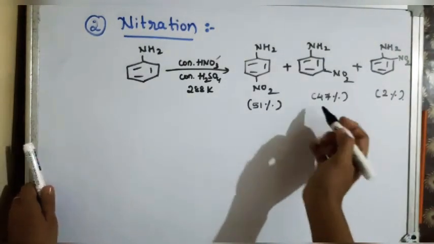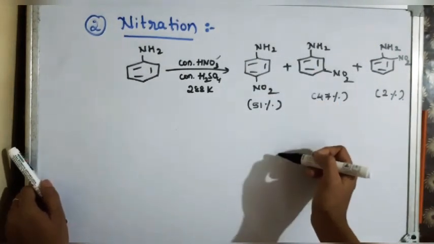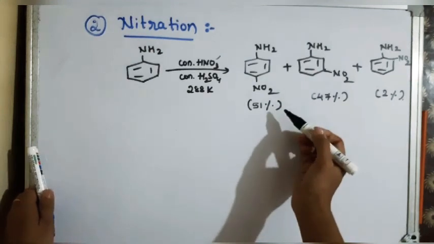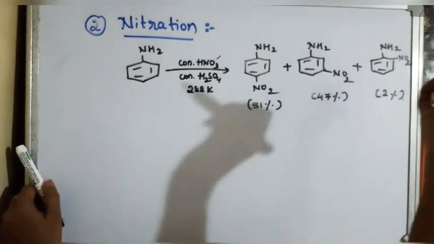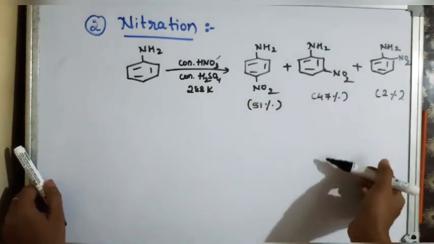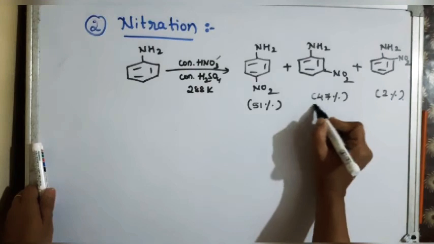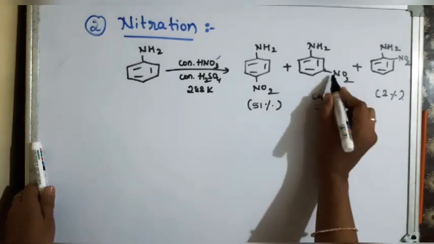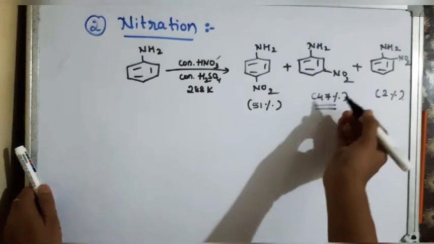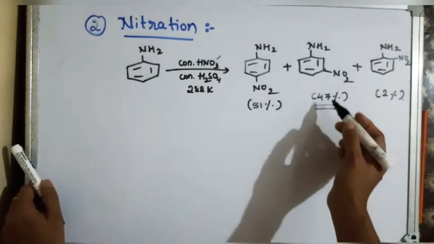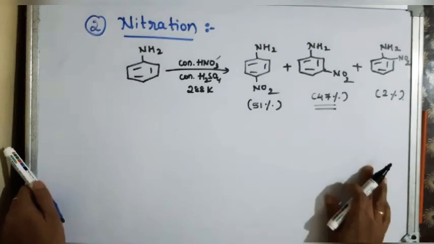You observe here, we said that the NH2 group is an ortho-para directing group, so the electrophile gets attached to the ortho and para positions. Yet we are getting meta-nitroaniline in 47%. So this unexpected amount of meta product is formed during this reaction.